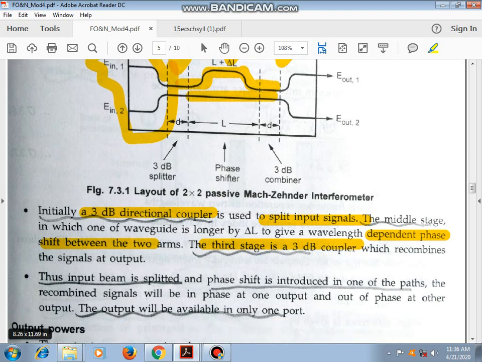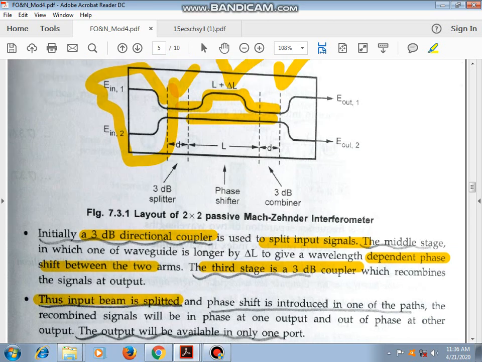Here we can see the input beam is split using the 3 dB splitter, and a phase shift is introduced in one of the paths. You can introduce the phase shift because this path has more length, that is the extra delta L length. The recombined signal will be in phase at one output and out of phase at the other output.